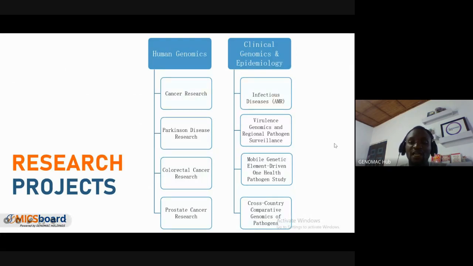So we're going to be looking at that on the One Health approach, and we're going to be looking into cross-country comparative genomics of pathogens. We want to understand what is the evolutionary dynamics and variations across different pathogens across different countries on a global scale. So those are really, really advanced research you can see in the course of this internship.